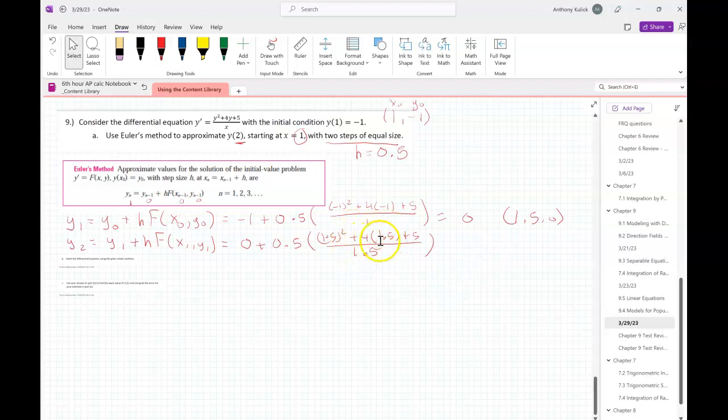So let's see, 4 times, oh my God, guys, I just did a massive, oh yeah, those are supposed to be zeros. Thank you. So for y1, we got it equal to 0. Well, 2 times a half is 1, plus negative 1 is 0.